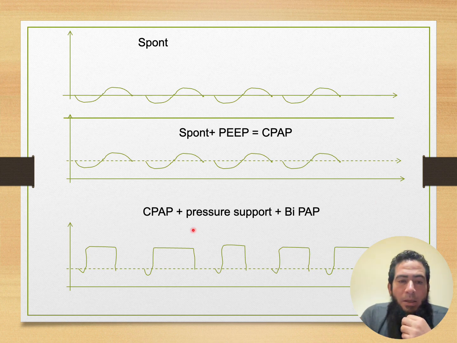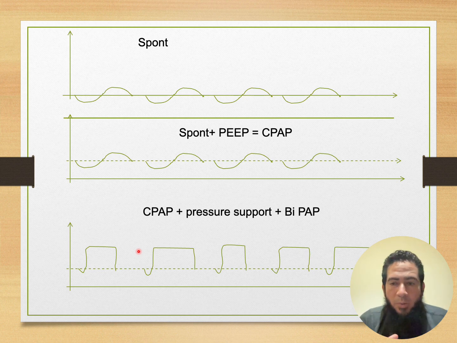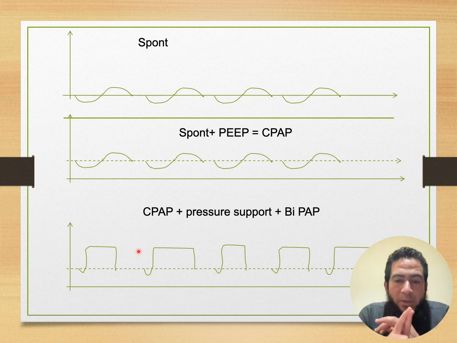Okay, so if we add the pressure support option to the spontaneous breathing, we said that pressure support is different from other types of breathing in that the cycling mechanism is flow cycled, so it's pretty much controlled by the patient, even the cycling. Volume control is cycled by volume. Pressure control is cycled by time.